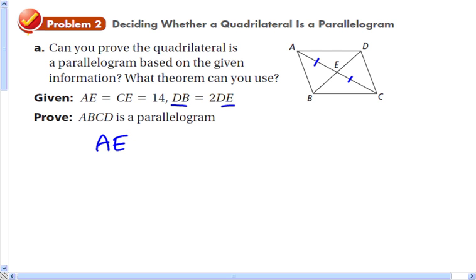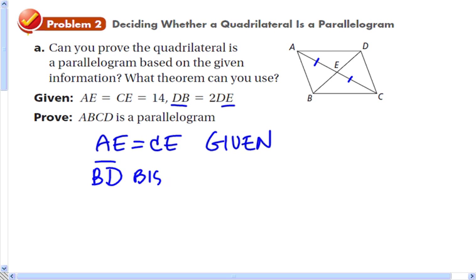Well, if we're given that AE is equal to CE, that is enough to say that BD bisects AC by the definition of a bisector.